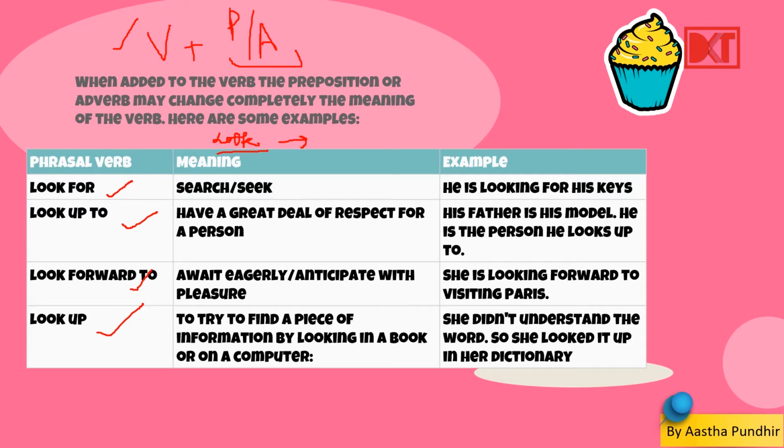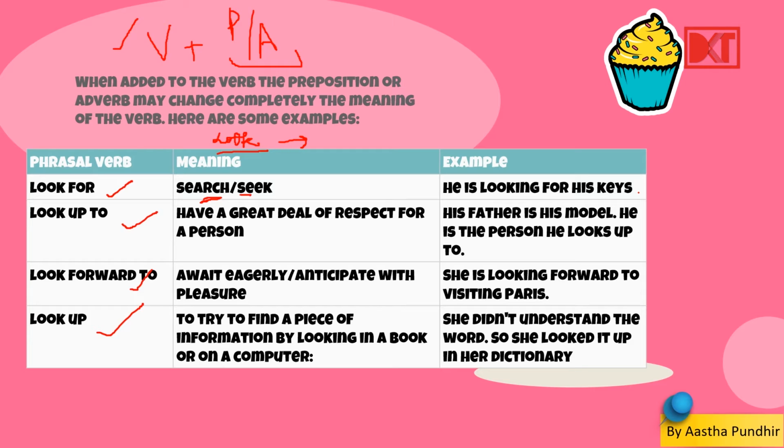Alright, and they have completely different meanings. And we have their examples. Let's see. The first one is look for. Look for मतलब किसी चीज के लिए search करना, seeking it, which means किसी चीज को ढूंढ रहे हो. तो I'm looking for this. Here example में भी यही है कि he is looking for his keys.